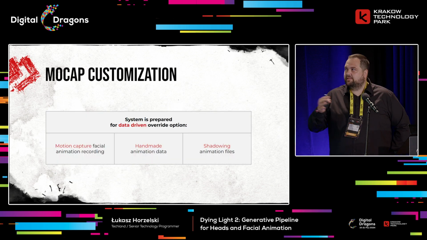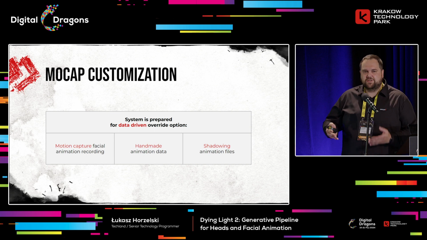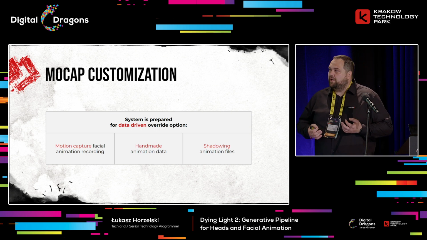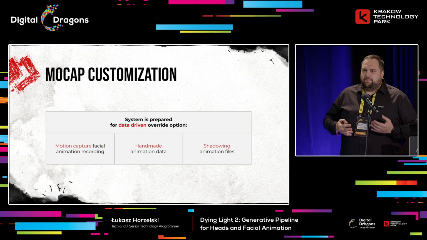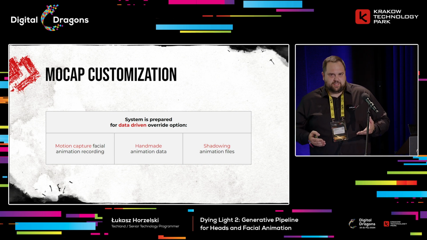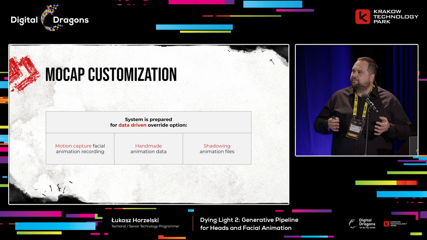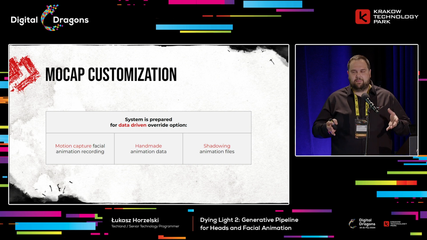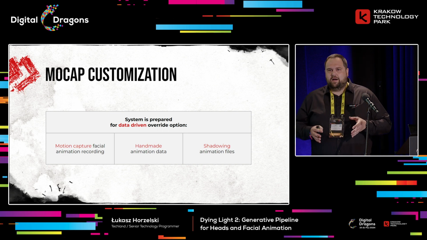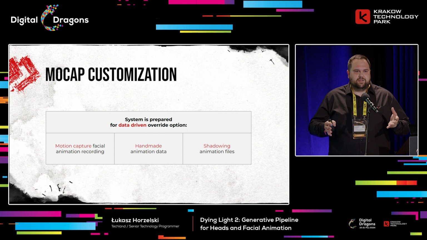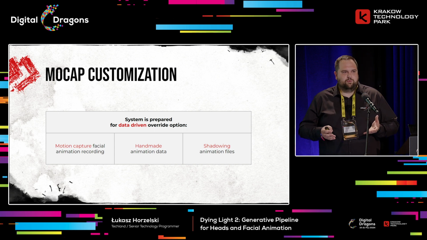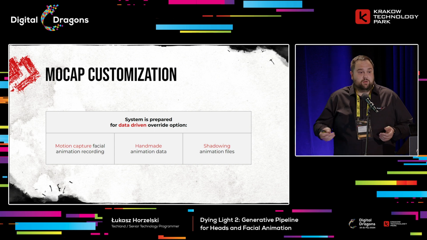Under the hood, we also had the ability to override the system. Like Maciej mentioned, we had a kind of system, a template. But later on, artists could be really eager to bump the quality of the animation.